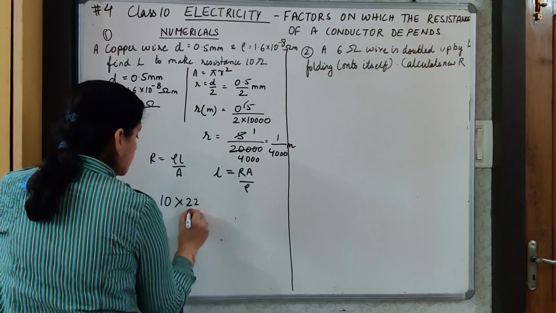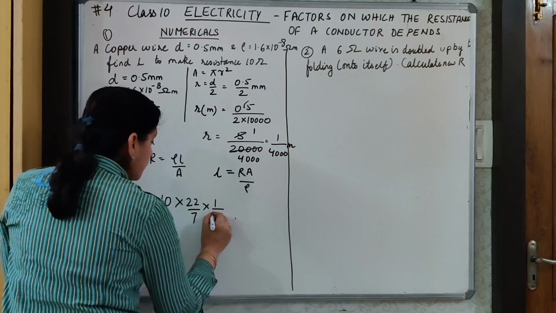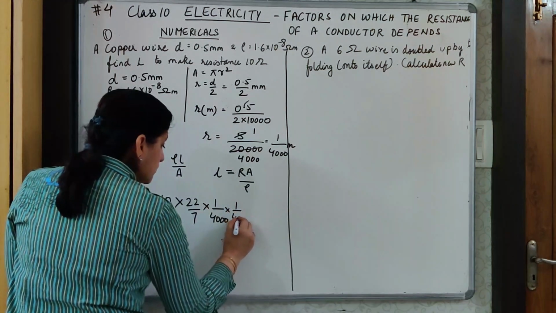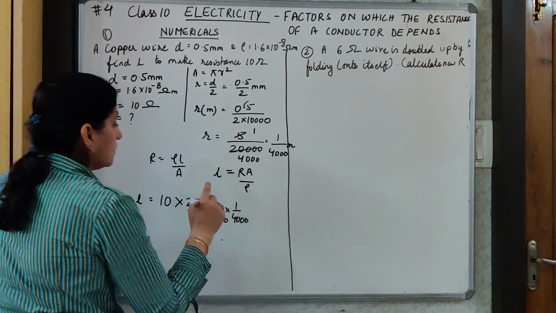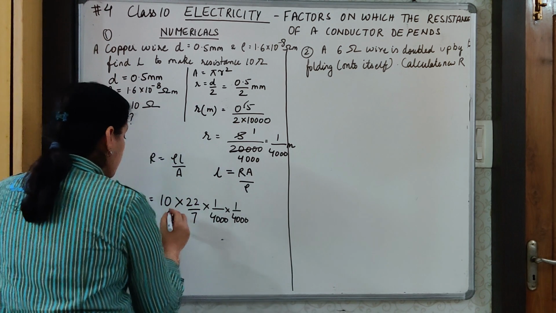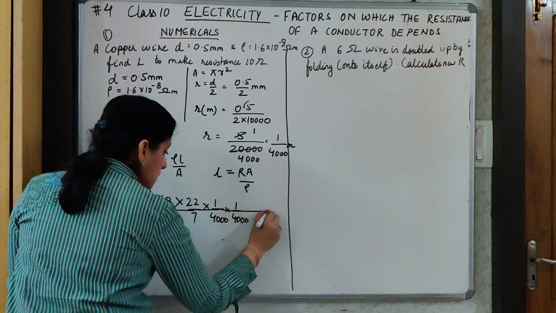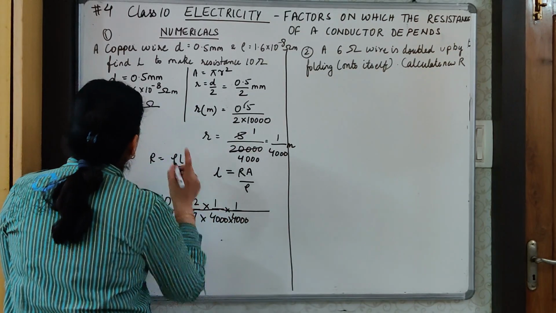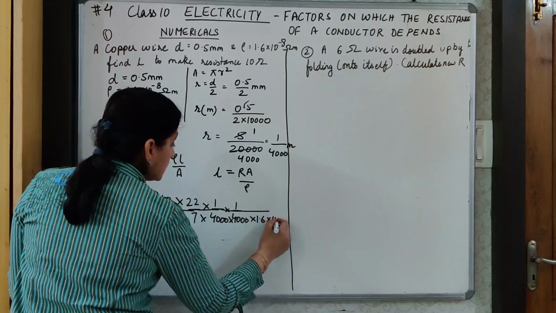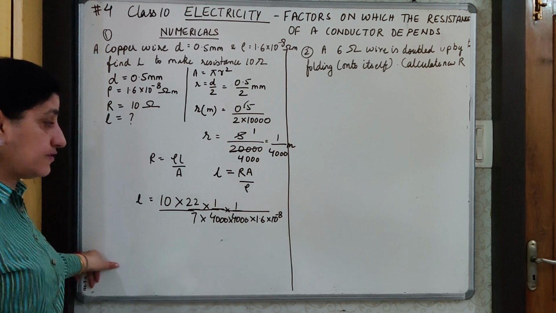Area will be 22 upon 7, pi r square, into 1 upon 4,000 into 1 upon 4,000. We have got R into A and now upon rho, and the value of rho is 1.6 into 10 raised to the power minus 8. So this is what we have.